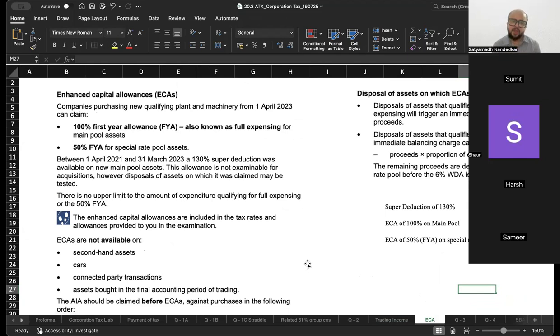Between 1st of April 21 and 31st of March 23, a 130% super deduction was available on new main pool assets. Okay. That means if you have spent 100 rupees, you will get a deduction of 130 rupees. Now this allowance is not examinable because that has also become old.